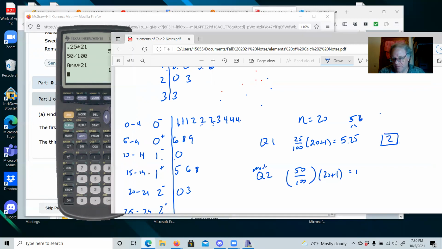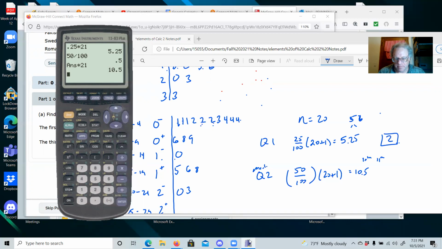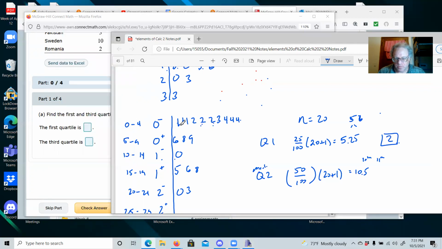You get 10.5, all right? And so we know that the median is somewhere between the 10th and 11th data point, okay? So the 10th and the 11th data point. So we're going to go 1, 2, 3, 4, 5, 6, 7, 8, 9, 10, and the 11th data point.